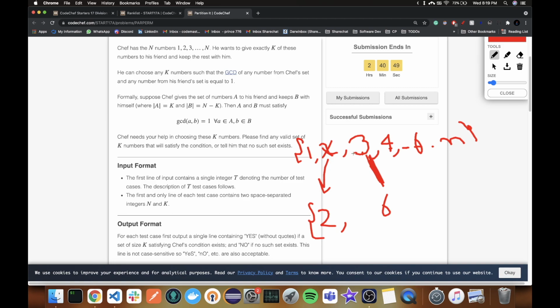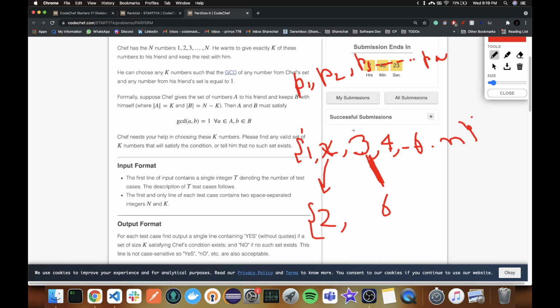So let's see what the prime numbers are from here to here. Let's enumerate all the prime numbers, P1, P2, up to Pq.